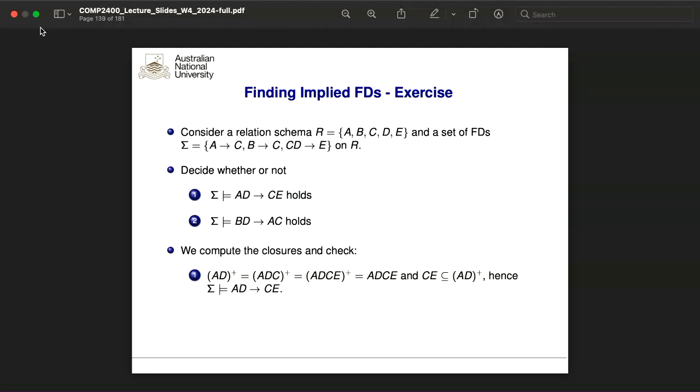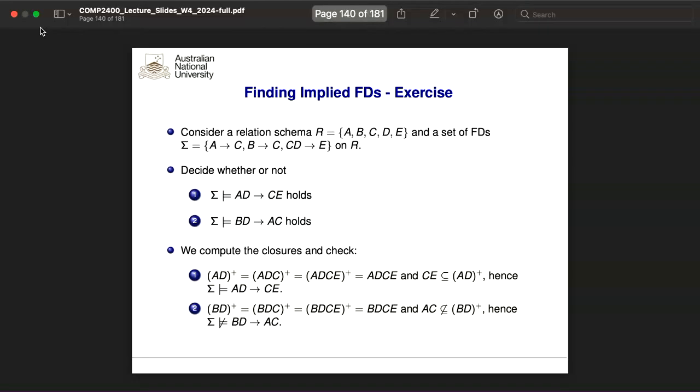Then we check the question, whether CE is a subset of the closure. If it is, in this case, then we conclude that this set of function dependencies implies the function dependency AD determines CE. So it's fairly easy. The same for the second one. We calculate the closure of BD. We first put BD into the closure.